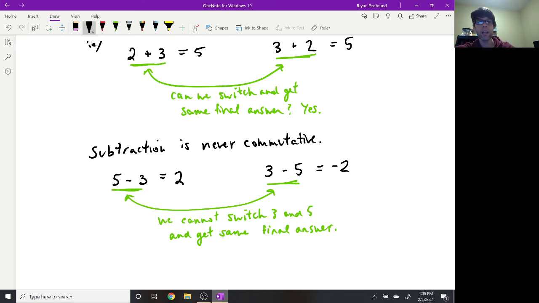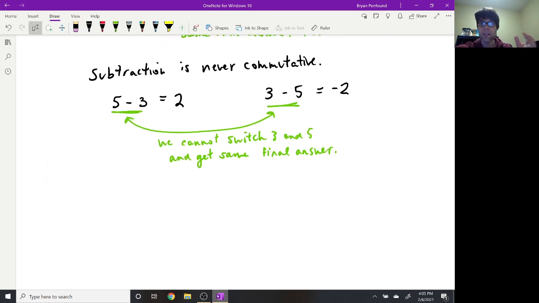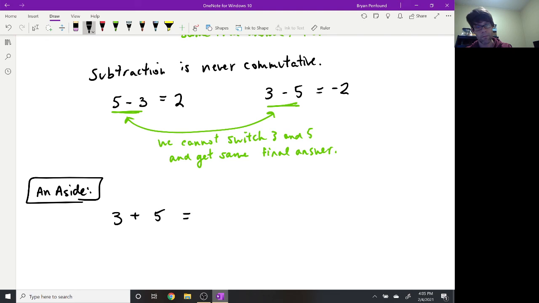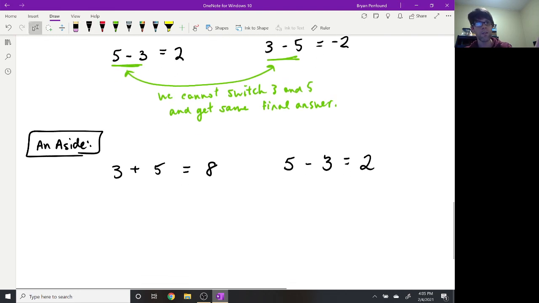Okay, and this kind of lends itself to why subtraction and addition tend to have different names for talking about stuff. So if you are starting to do a little bit of reading online, you might start seeing some names of the different pieces of an addition sentence come up.